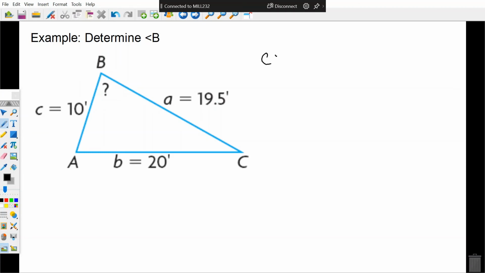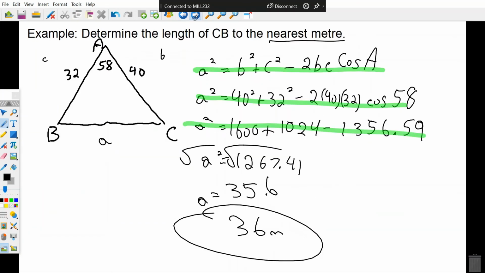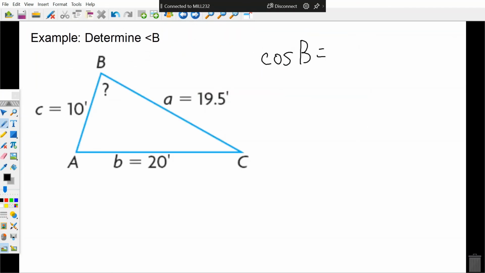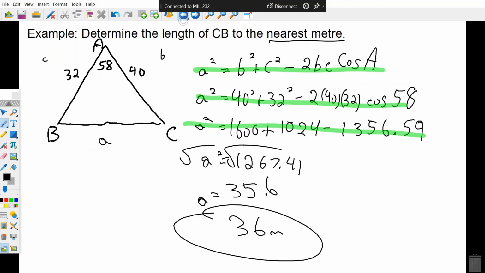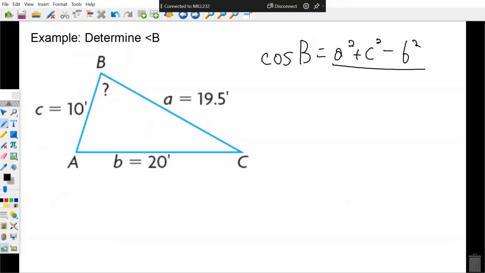It'll be cos of B equals A squared plus C squared minus B squared over 2AC. Okay, give that one a try, and then we'll be ready for the assignment.